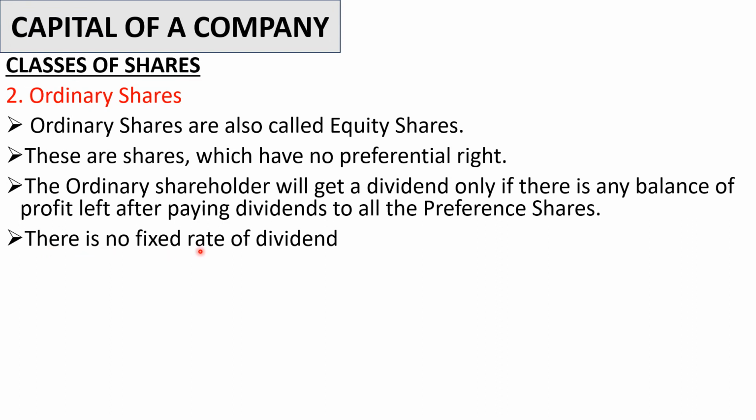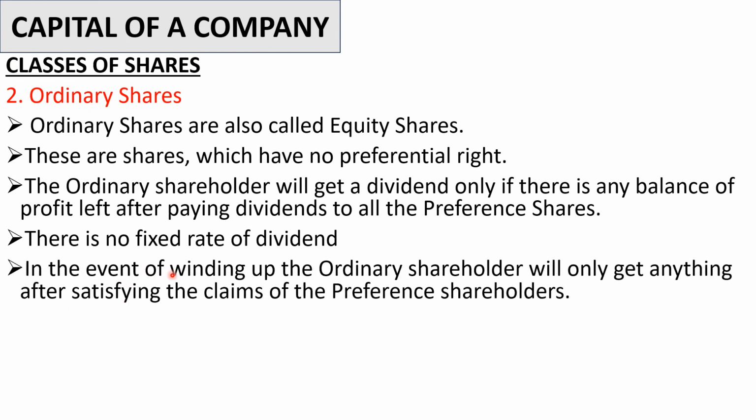Also, there is no fixed rate of dividend. For all types of preference shareholders there is a fixed rate of dividend, but for ordinary shares there is no fixed rate of dividend. In the event of the company winding up, the ordinary shareholders will only get anything after satisfying the claims of the preference shareholders.